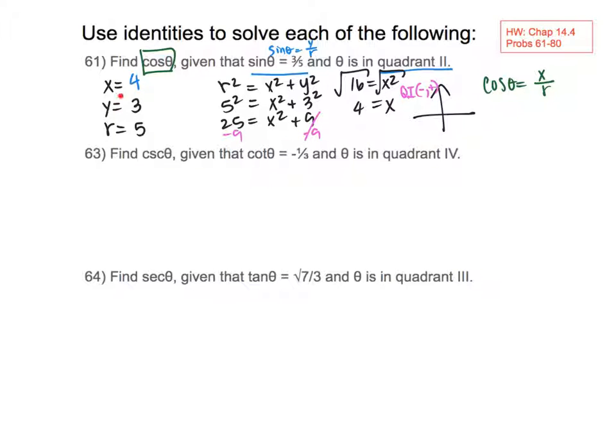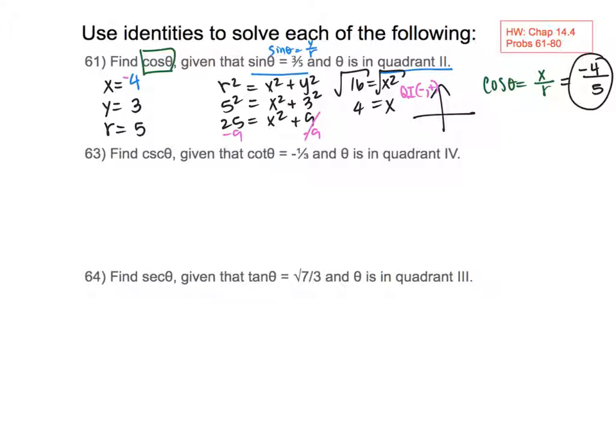So in our case, our y value is positive, but it turns out this 4 is a negative 4 because it needs to satisfy the second quadrant. So this x turns out to be a negative 4. And you wouldn't be able to see that unless you looked at the quadrant and those sign values for that given point. So this is actually negative 4, your x, over r, which is 5. And so this is your actual answer for cosine.